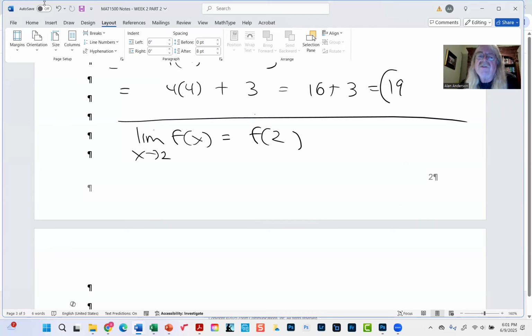The limit as x approaches 2 of this function is equal to f of 2, which is equal to 19. So it's only when we have more complicated cases where we have discontinuities and that type of thing where this might not necessarily be true. Most of the time, for a well-behaved function, the limit as we approach a specific value of x is equal to the function evaluated at that point.